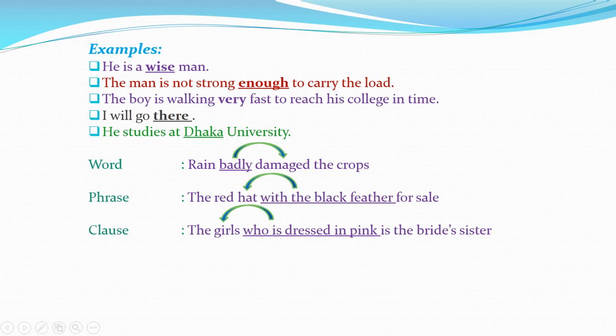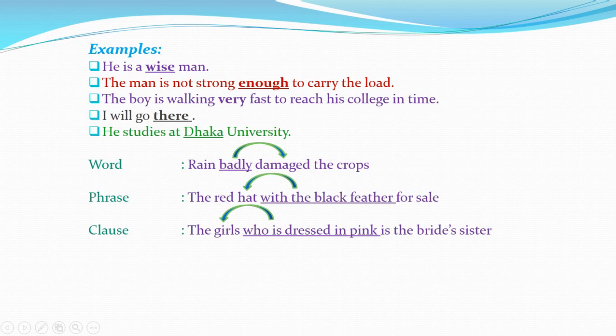As a phrase: the red hat with the black feather for sale. The red hat for sale is also a correct sentence, but the phrase with the black feather has given extra information about the hat. As a clause: the girl who is dressed in pink is the bride's sister.